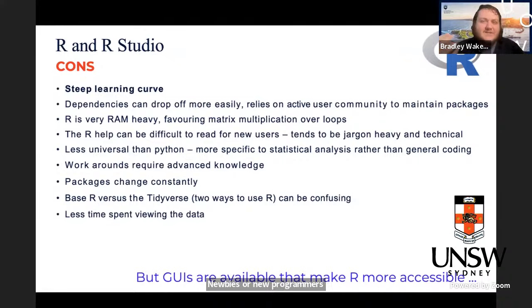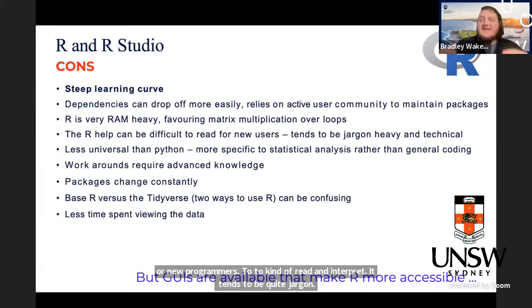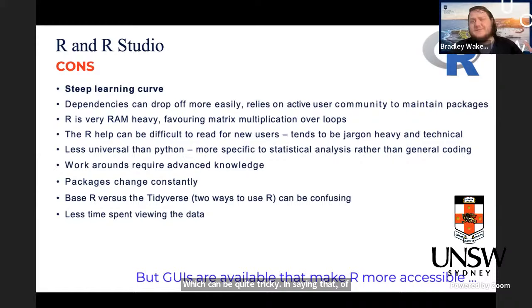It tends to be quite jargon filled, which can be quite tricky. In saying that, of course, there are online resources that you can Google. There's a big open source culture around R. And so you can usually find more accessible explanations with a bit of Googling.